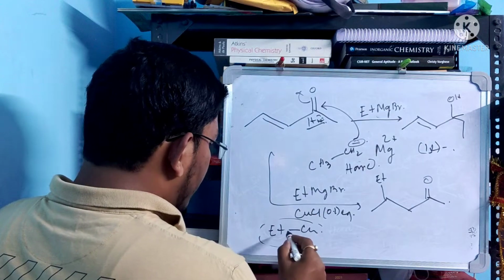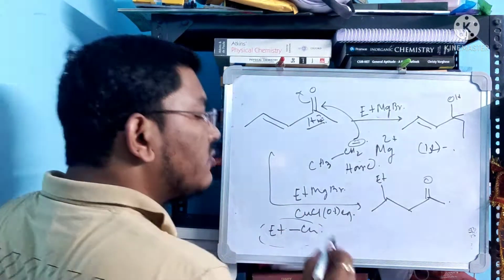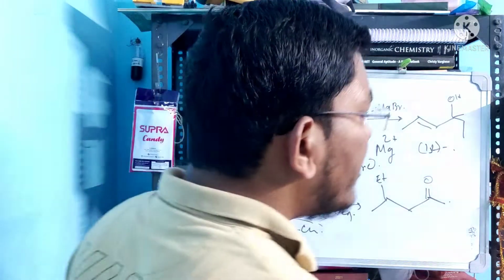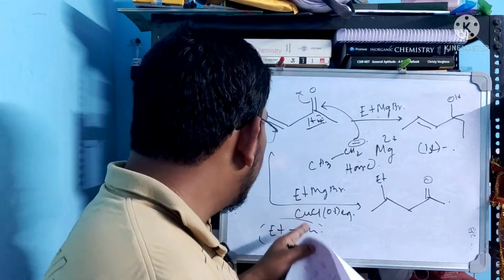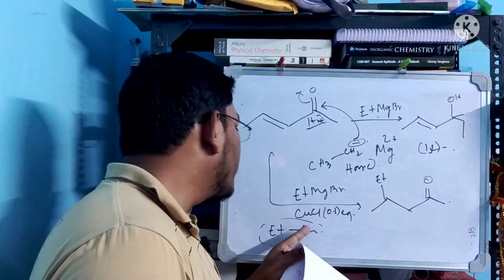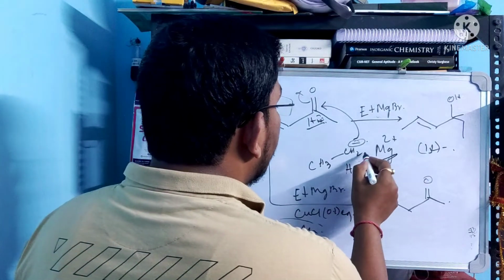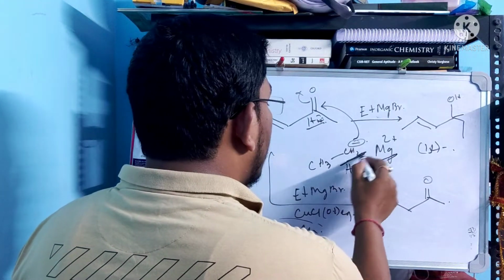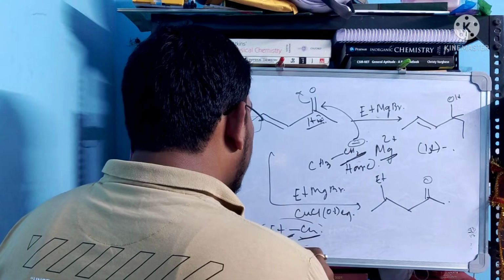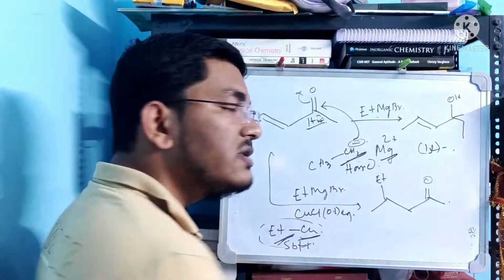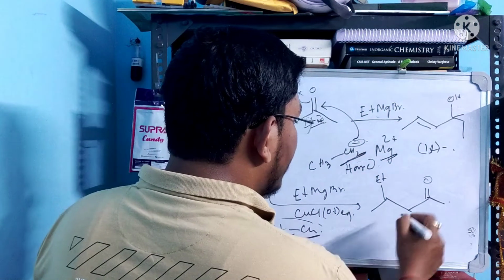Now, it's a carbanion. It's not actually hard, not actually soft. It depends on the metal. Here the metal is a harder center, that's why it will act as a hard nucleophile. Here the metal is soft, that's why it will act as a soft one. This phenomenon is called symbiosis. Okay, this is also called Gilman reagent.